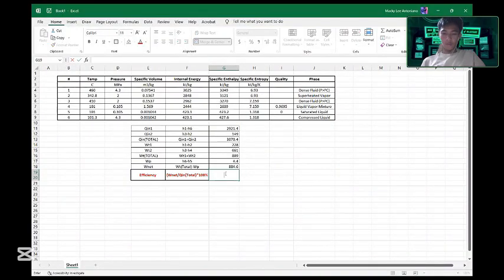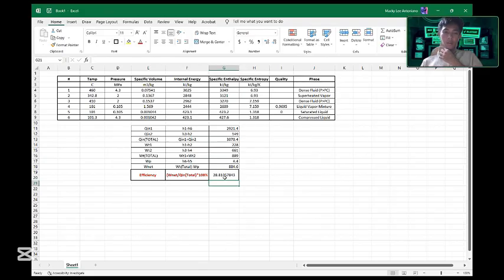So next, or finally, we are now solving for the efficiency of the reheat Rankine cycle. The formula is work net over Q in total multiplied by 100%. So work net total all over Q in total, multiplied by 100%.